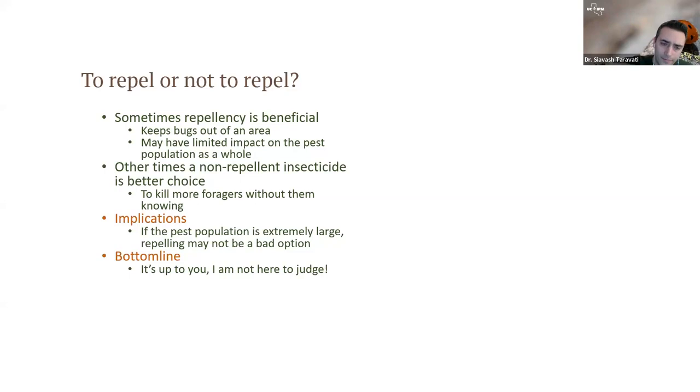You can have millions of cockroaches away in the sewer system, and as long as they don't come in, that's okay. The same with ants. But other times, if you want to maximize kill, maybe a non-repellent insecticide is better, because they don't know what's going on and they cross over the treated surface and die. And so hopefully you'll kill a much larger portion of the colony. But it's up to you. I'm not here to judge.